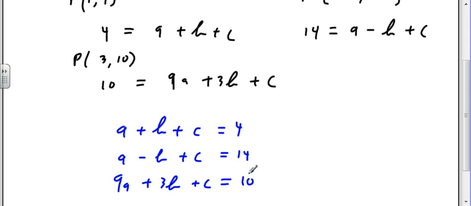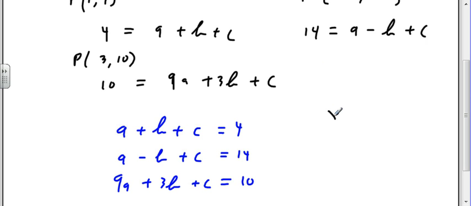So I just take out my calculator, go to solve simultaneous equations, the 3 by 3 guys, and I put in a 1, a 1, a 1, and a 4, a 1, a minus 1, a 1, a 14, a 9, a 3, a 1, and a 10, and I hit the solve button.